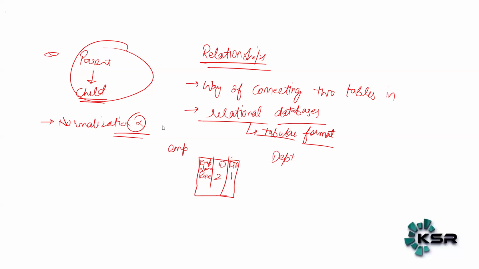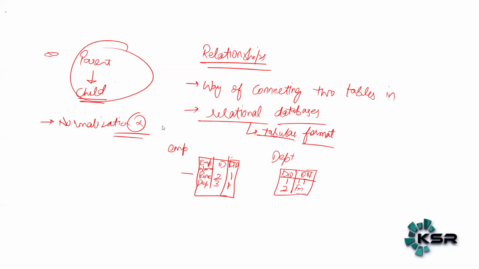Then the employee name can be Deep, ID will be 3, and department will again be 1. This is the employee table. The department table will have department ID and department name. Suppose you have two departments, one is IT, another one is finance.